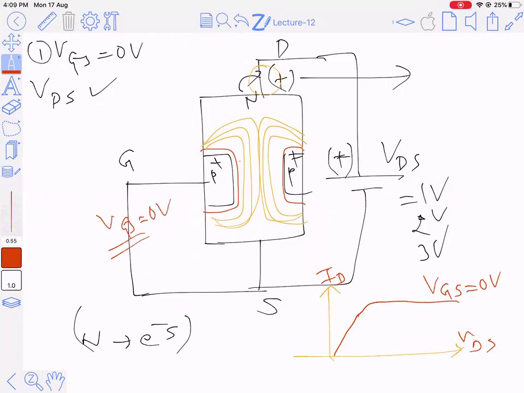This is the maximum current that flows, that is called as IDSS, drain to source saturation current. And the value of VDS at which the channel pinches off is called as pinch off voltage. So this pinch off voltage definition is applicable only for the condition when VGS is equal to 0 volts.